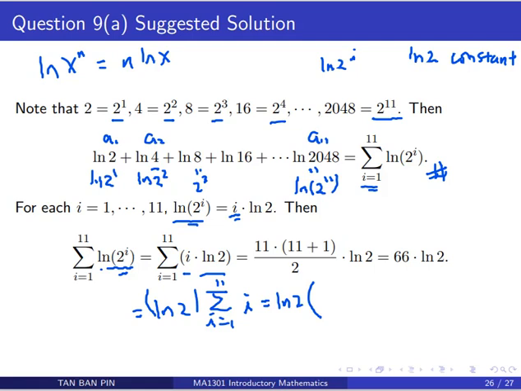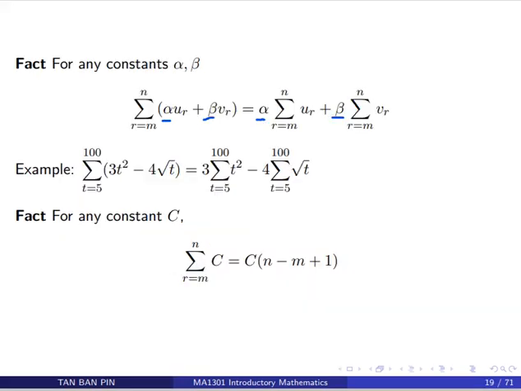Before that, maybe I show you that a constant can be taken out, it is in the lecture notes, slide 19. If you have constants alpha, beta, you can write them outside. So you are making use of this result.